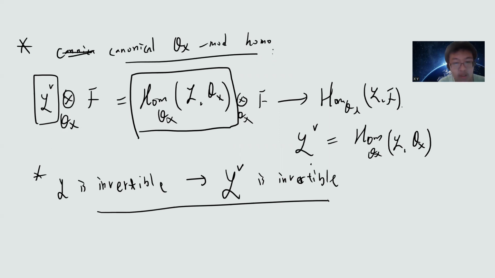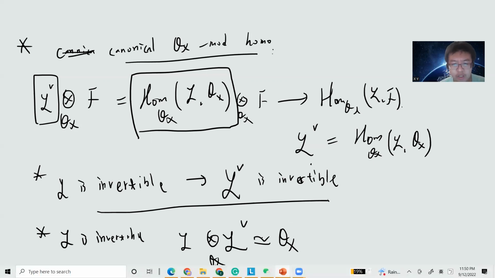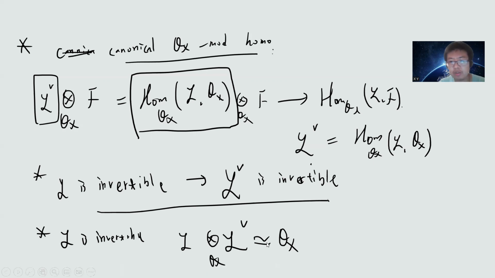Okay, and also one can show that if L is invertible, then L tensor L dual over OX is isomorphic to OX. This is almost the same as the vector space proof, right? You just check this locally at the stalks.